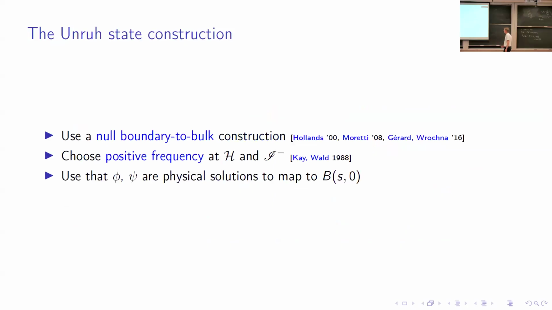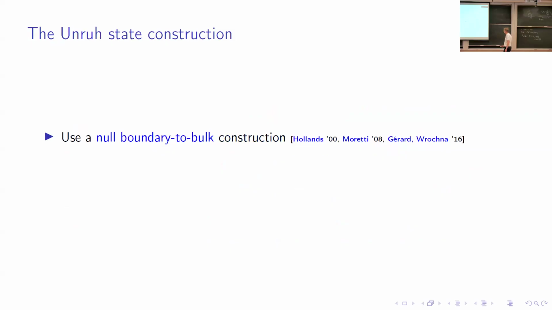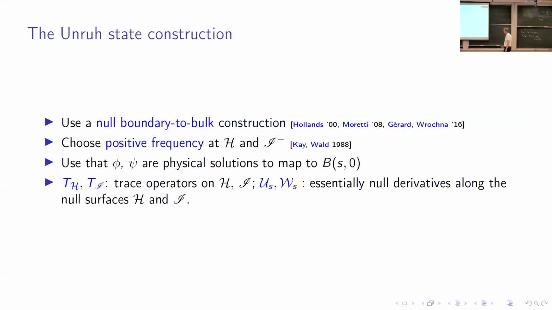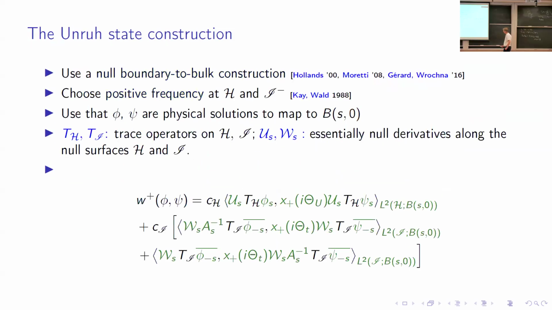My time is almost over. It's a boundary to bulk construction. What you see here, this x plus, is exactly what I've written here, just the spectral characteristic function of this.